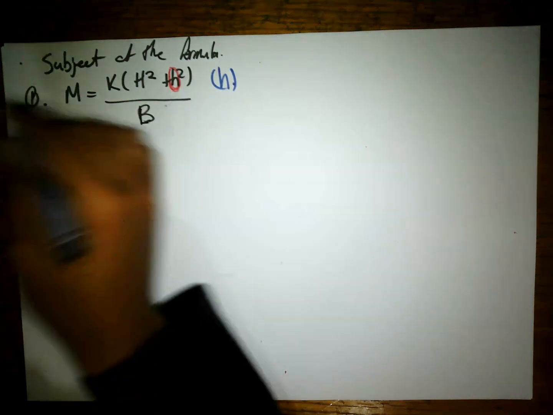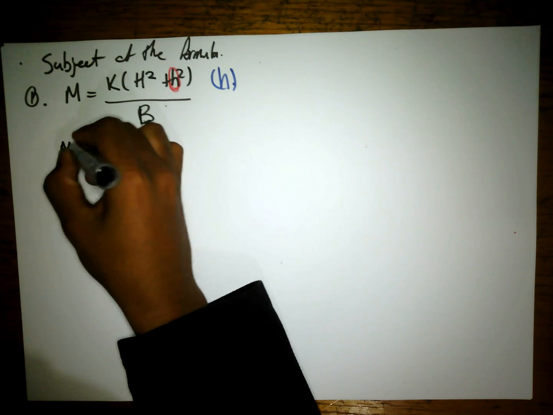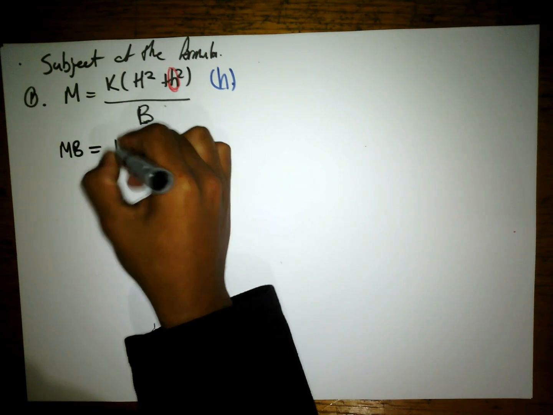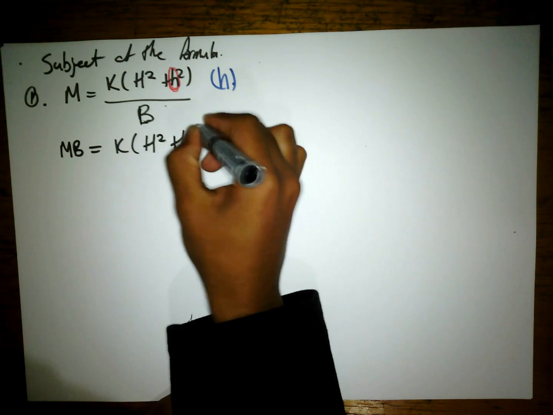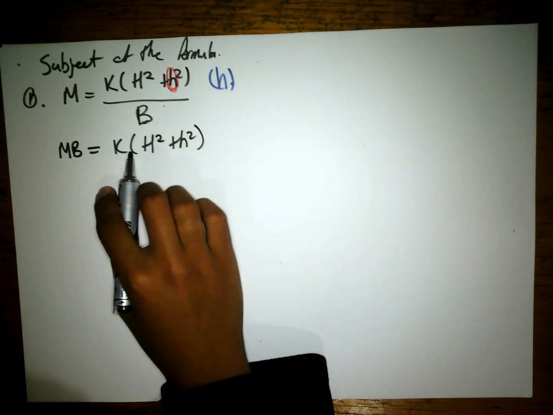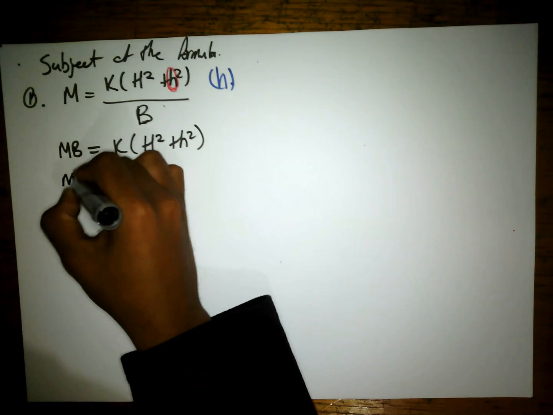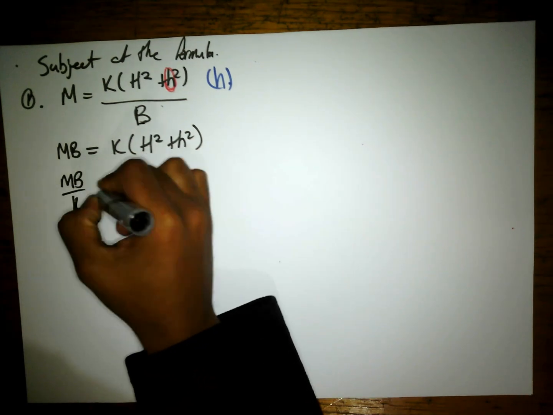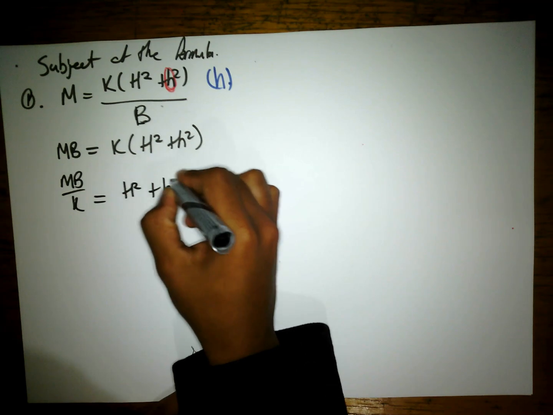We multiply with b throughout the whole equation, and we're left with mb equals k times h squared plus h squared, divided with k. So mb over k equals h squared plus h squared.